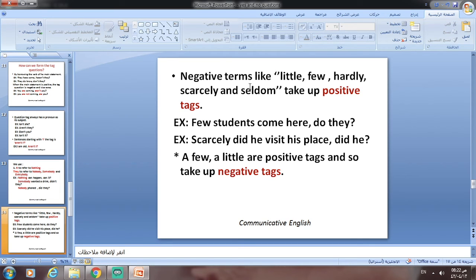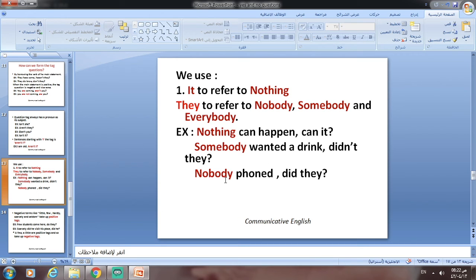So negative terms like few, little, hardly, scarcely, and seldom take positive tags. Like the last example, nobody, nothing, it is a negative term. So we didn't change the verb.